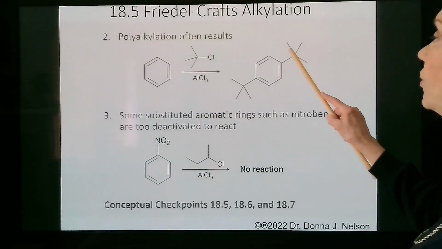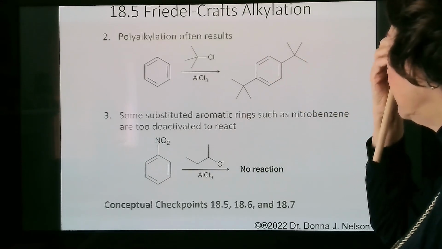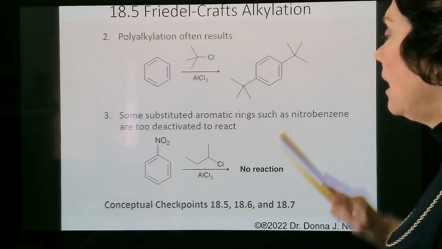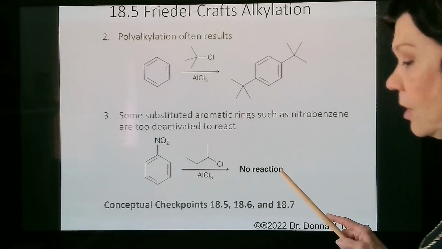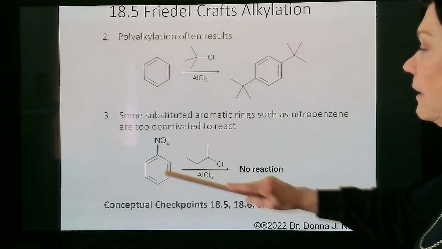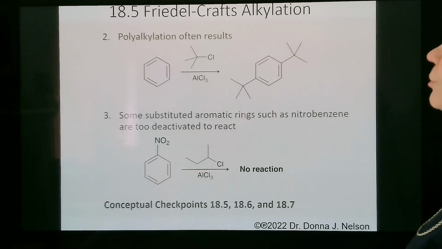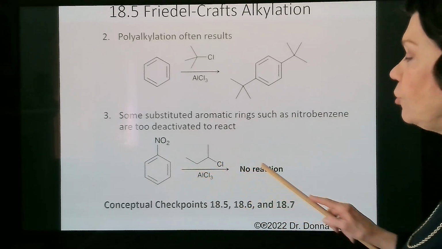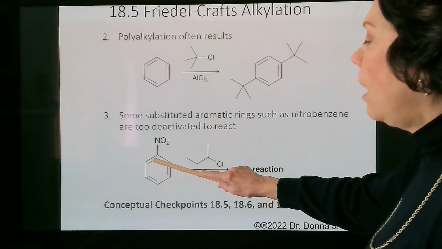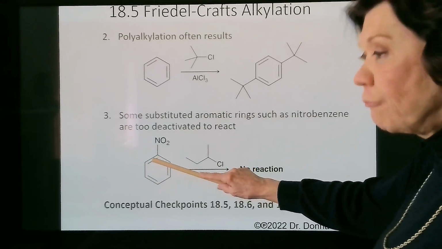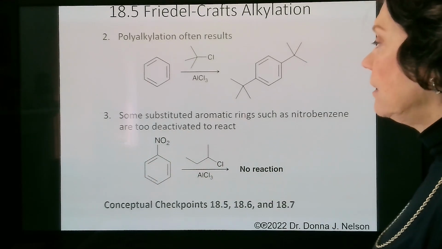And so you may see additional alkylation. And some substituted aromatic rings, like nitrobenzene, are just too deactivated, and so they just don't react. The pair of electrons simply is not free enough to be able to attack the electrophile.